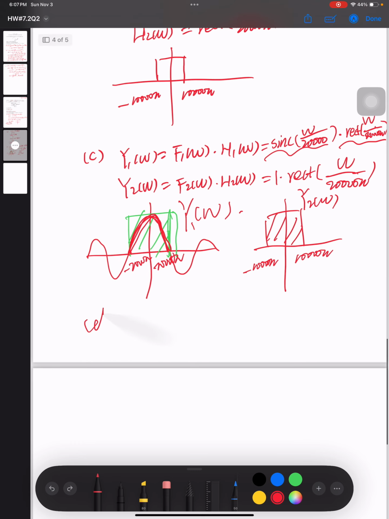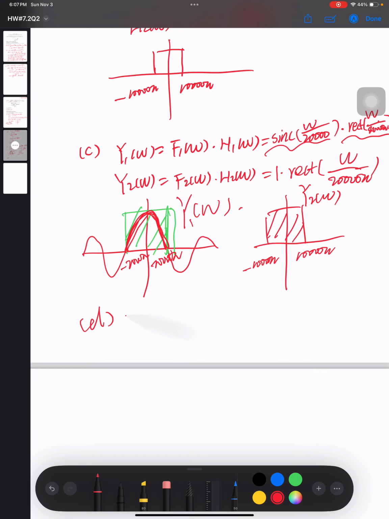For the bandwidth, the definition is the maximum value of the angular frequency minus the minimum value of the angular frequency, over 2 pi, because we try to get hertz, since omega is 2 pi f.